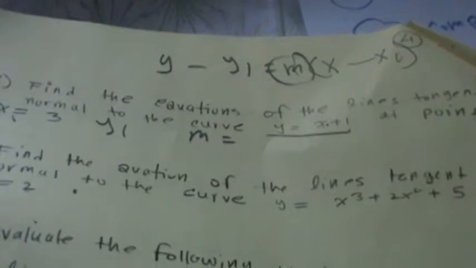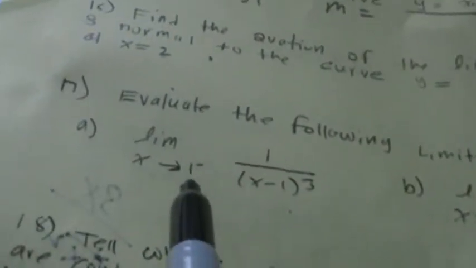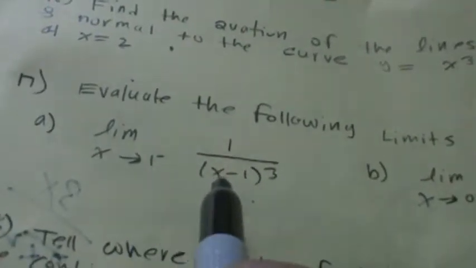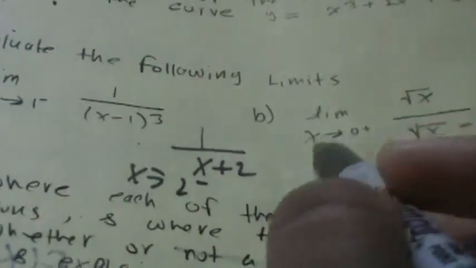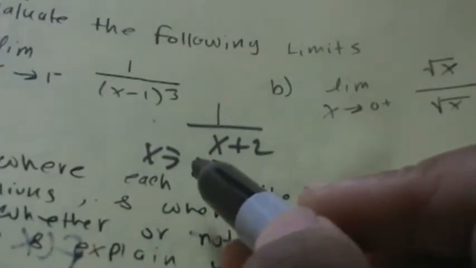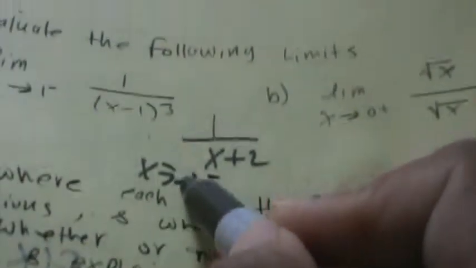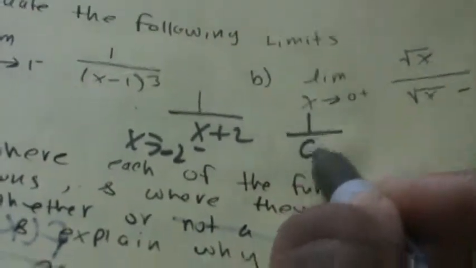Evaluating limits, left-hand limit. This is a left-hand limit. So I'm going to do an example. I don't want to do this problem for you because I want you to do it. Here is an example. So if I have 1 over x plus 2 and x goes to -2 from the left, I know if I plug in -2, I get 0 in the denominator, which is infinity.